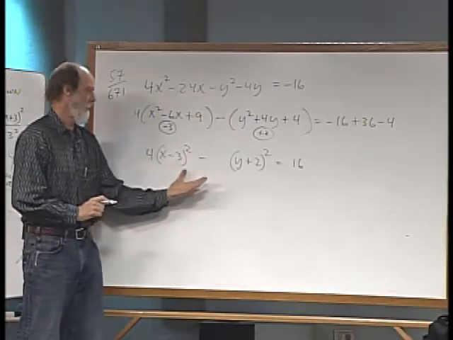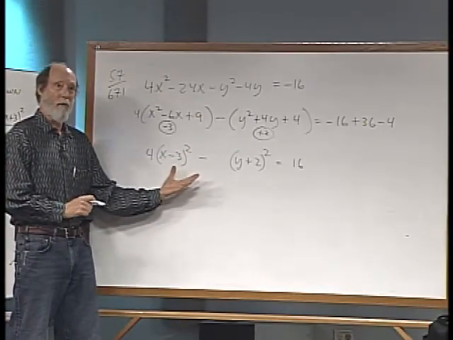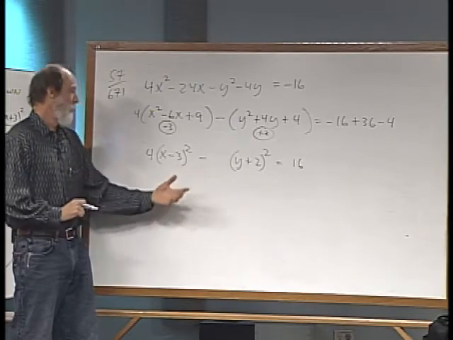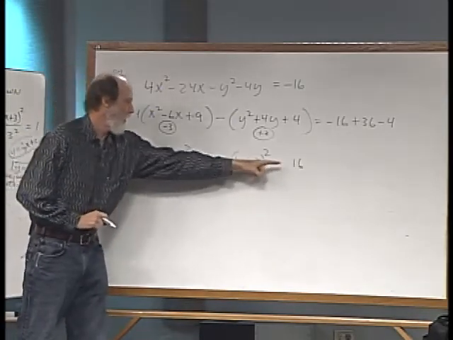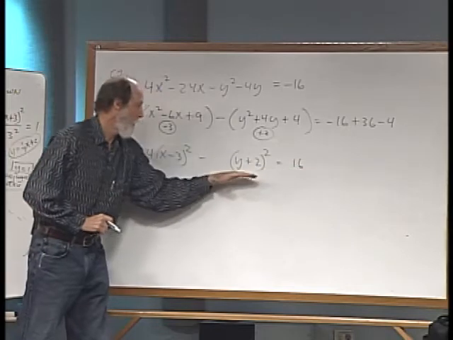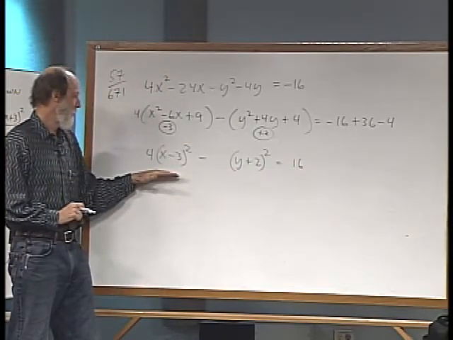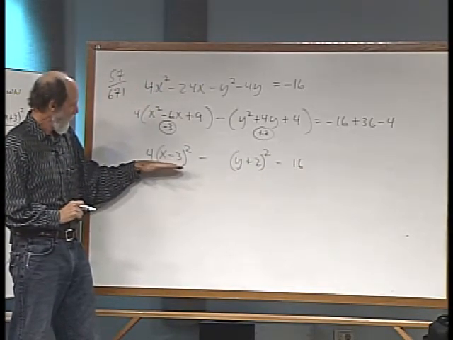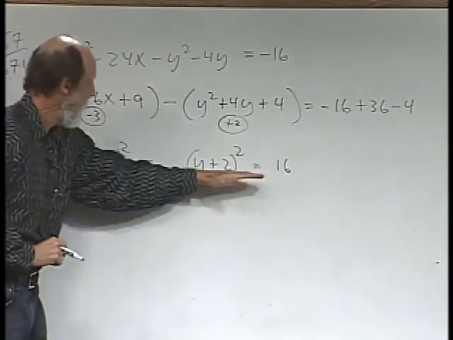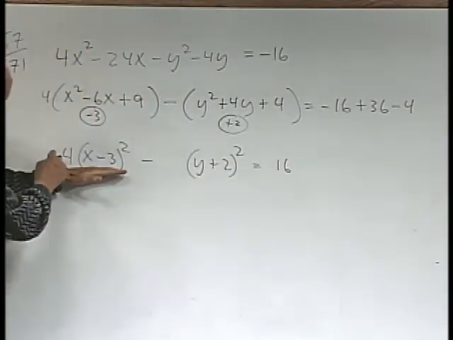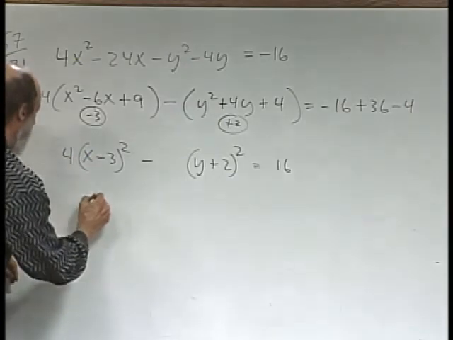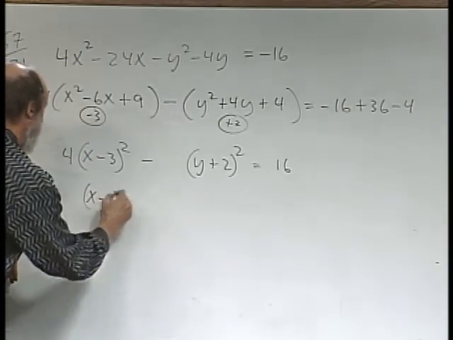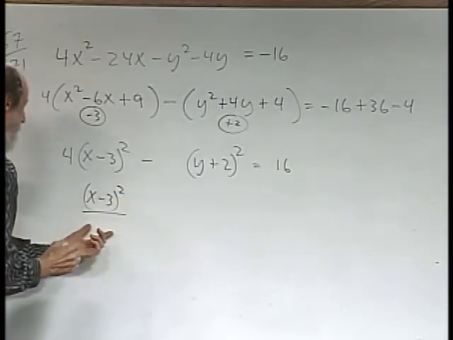This is not the standard form illustrated in the previous examples earlier. So what we have to do is turn that into a 1 over here by dividing both sides of the equation by 16. When you divide both sides of the equation by 16, each term, the 4 is going to reduce into 16 and give you a value of 4 underneath here.